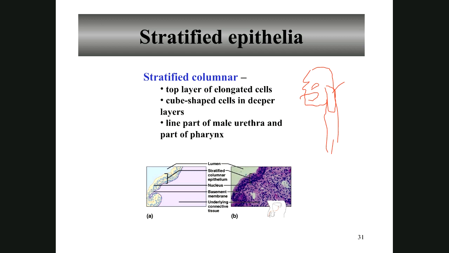The pharynx is in fact divided into three regions. If it's posterior to the nasal cavity, it's known as the nasal pharynx.